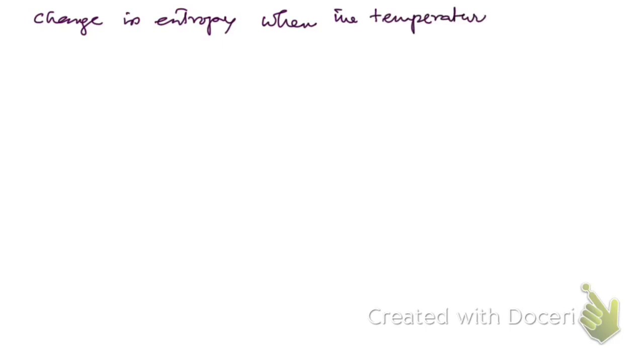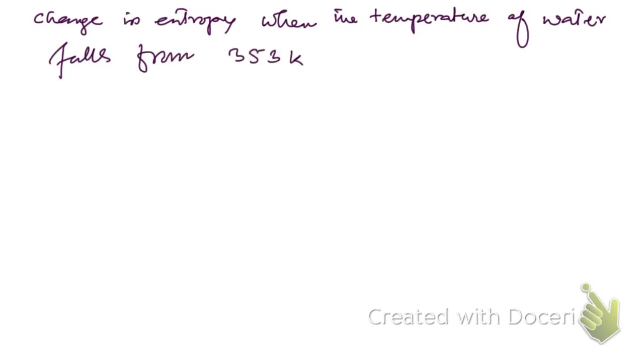So here, the change in entropy when the temperature of water falls from 353 Kelvin to 313. In that case, dS will be equal to m s.